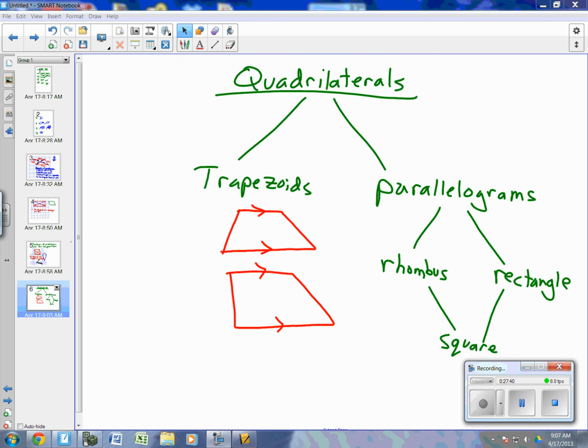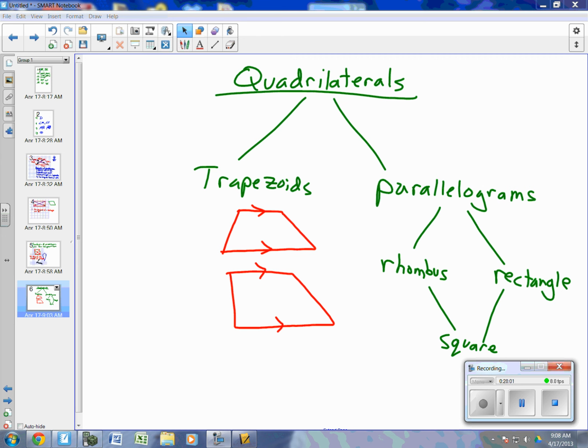The definition of a rectangle is a parallelogram with 4 congruent angles. Now, if they're going to be 4 congruent angles, what does every angle have to be? 90 degrees. But by definition, it's 4 congruent angles. Does everybody get that?